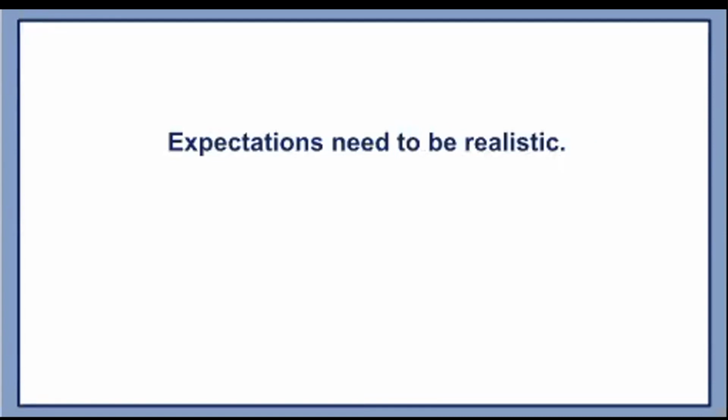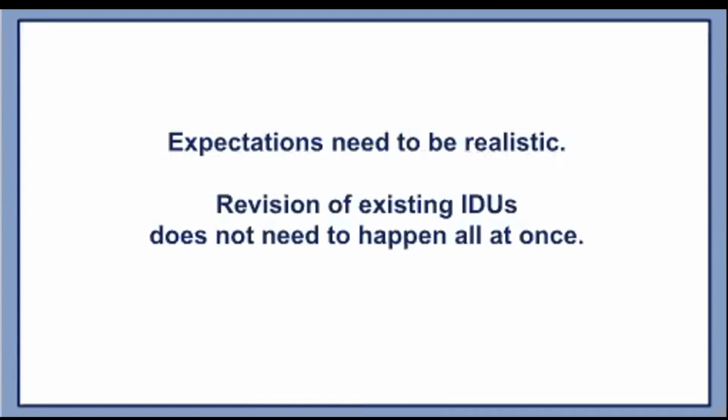If your school, for instance, is able to give teachers release time or paid planning time over the summer, more IDUs might be revised by the start of school in the fall. But if your school is not able to provide those types of support and stress levels from all the changes we have all been through remain high, focus on revising any existing IDUs one at a time.